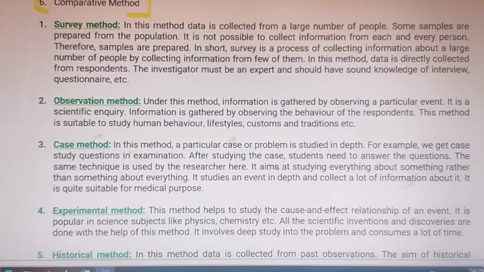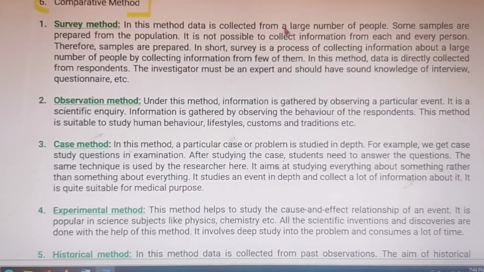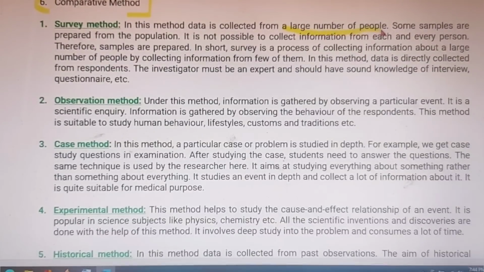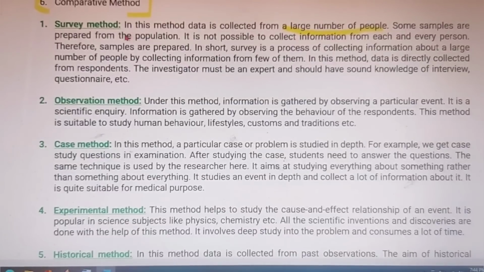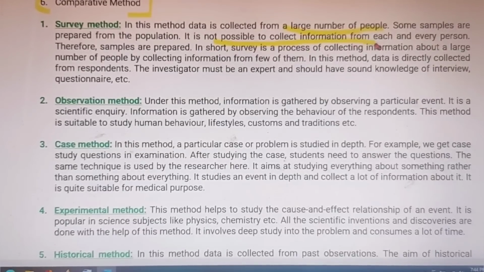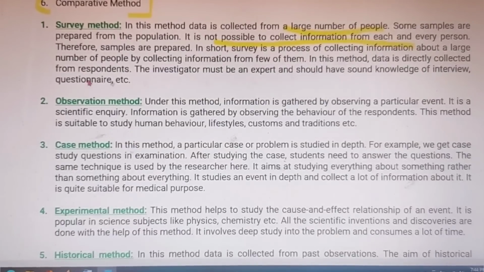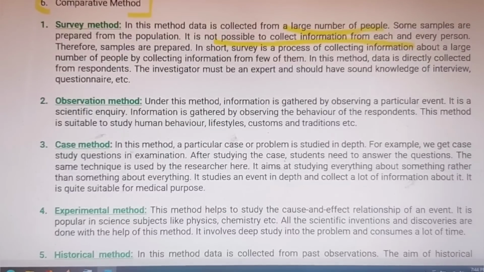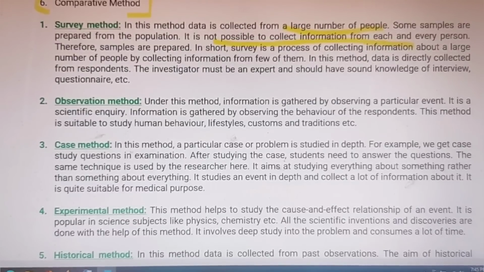In survey method, the data are collected from a large number of people, and basically some samples are prepared from the population. It is not possible to collect the information from each and every person, because in a country like India where there is a huge population, you just cannot collect data from each and every individual. So you have to collect some samples through survey method.